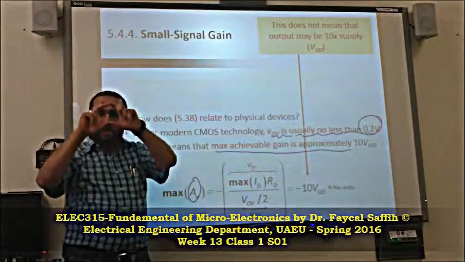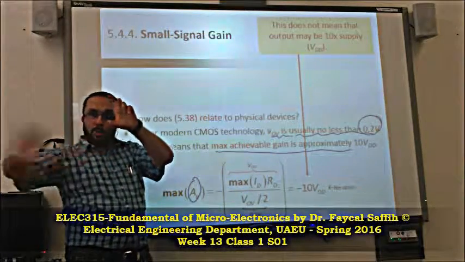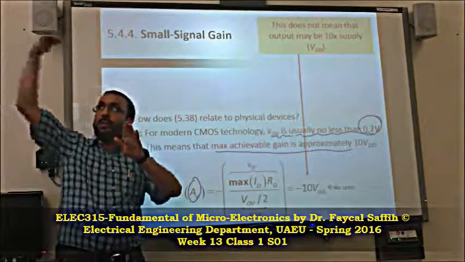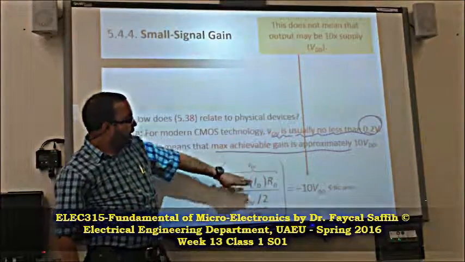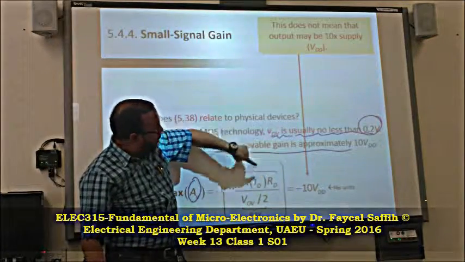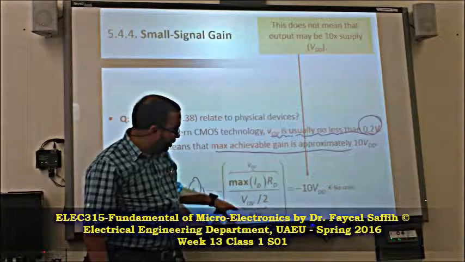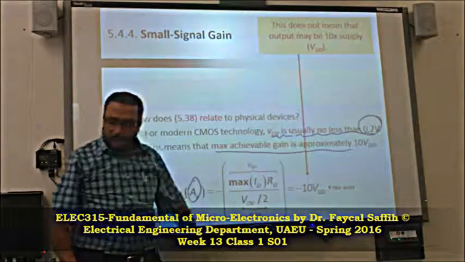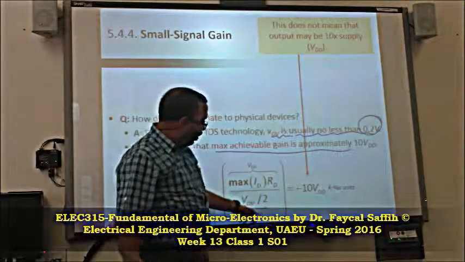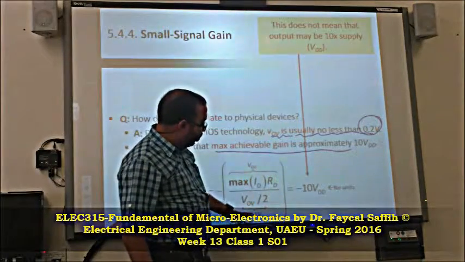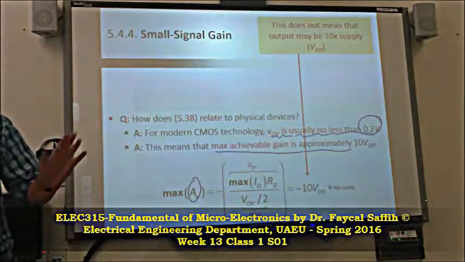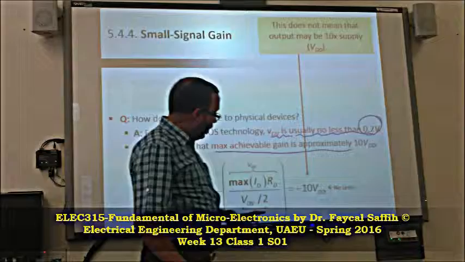The whole voltage could be across that resistance, and VDS would be like 0. We are at the very end of the VTC curve. Remember that? So the maximum value is VDD, and the minimum here is 0.2 divided by 2, which is 0.1. So VDD over 0.1 becomes about 10 VDD. This is the maximum voltage gain we can get today.